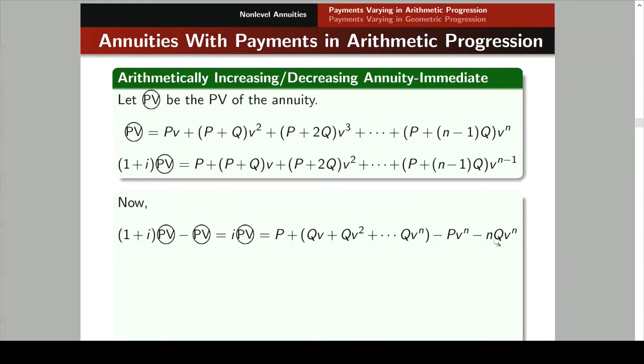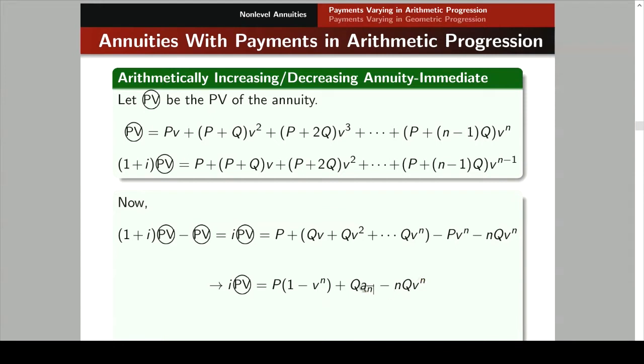Now I'm just going to group all the P's and all the Q's. These two P's, I grouped and factored out P, so we have P times (1 minus v to the n).